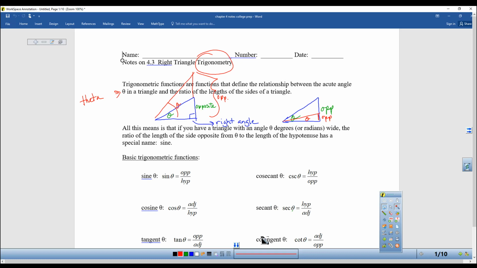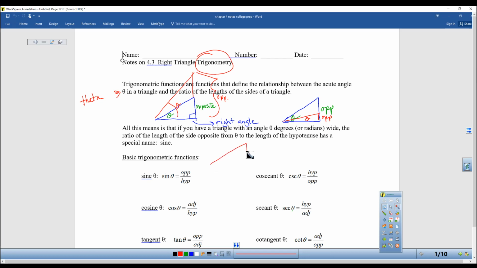Those names, there are 6 of them, are sine, which we do abbreviate as SIN, but we always still pronounce it sine. And sine of theta is just a way of saying the ratio between the side opposite and the hypotenuse.